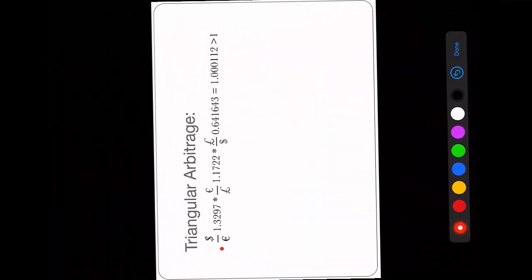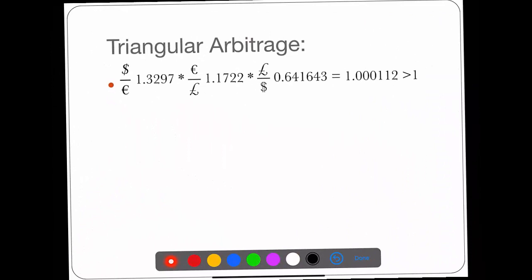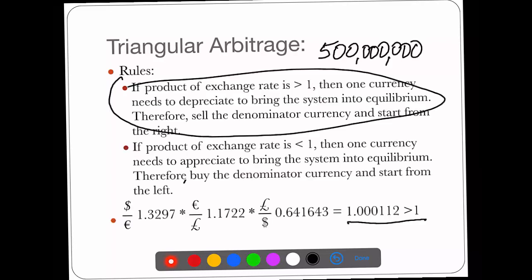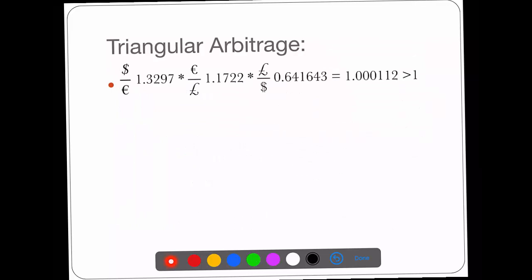So the step over here is that we will start selling. The rule was this, that one currency needs to be sold over here: sell the denominator currency, and start from the right. So start over here from the right.